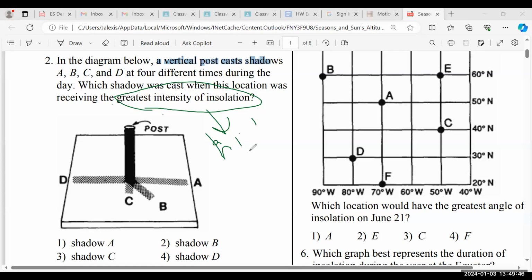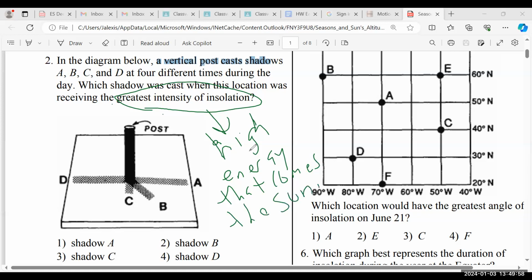High energy, greatest amount of energy that comes from the sun. So we're looking for a time period where we're getting the most amount of energy.